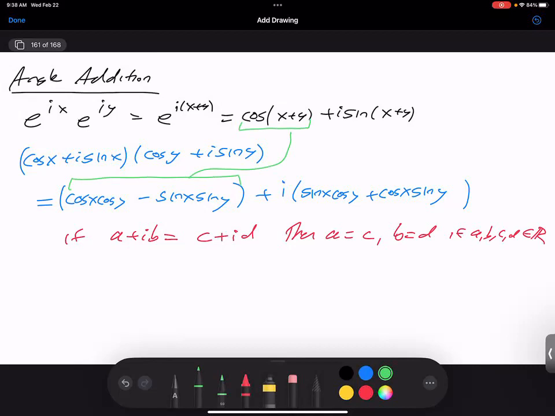Yes. So i is the square root of -1. So i squared equals -1. You might have seen this when you were solving quadratic equations, ax squared plus bx plus c, and you have the solutions -b plus or minus the square root of b squared minus 4ac over 2a.